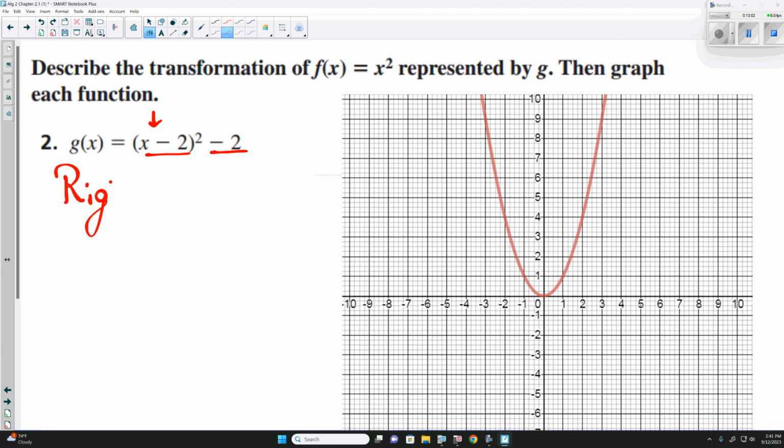So it's going to be right 2, because again, that minus makes it look like it should be left, but it's right. And then the negative 2 is down 2. Yes. Because down is our negative direction, so it takes care of that too.